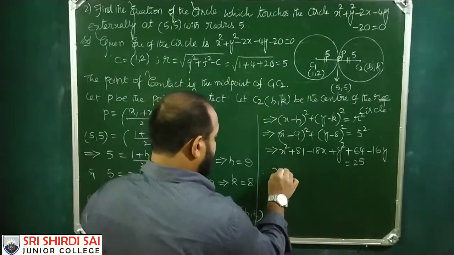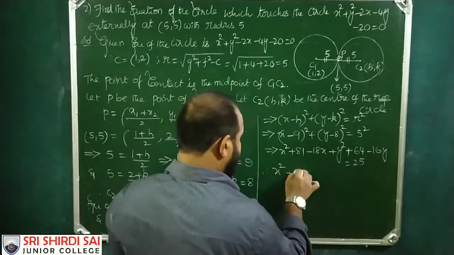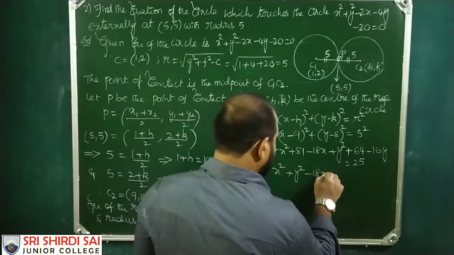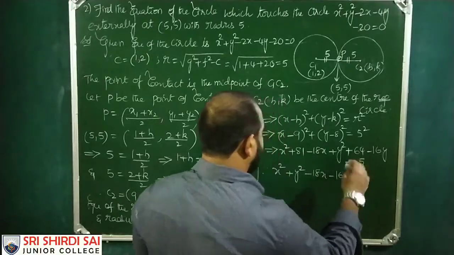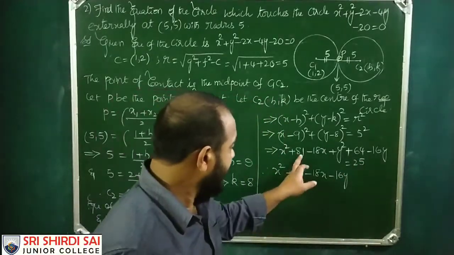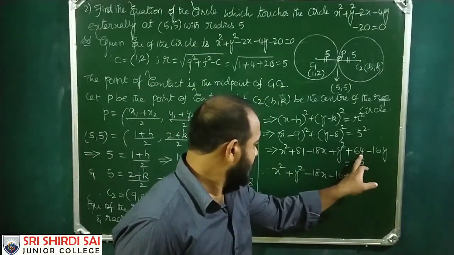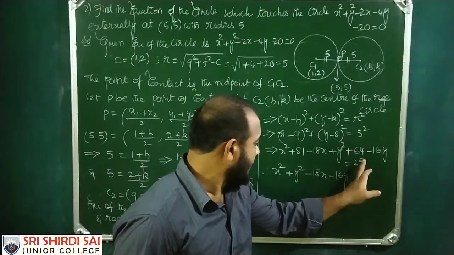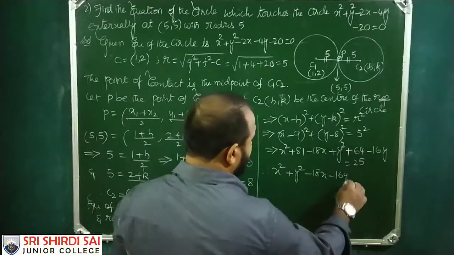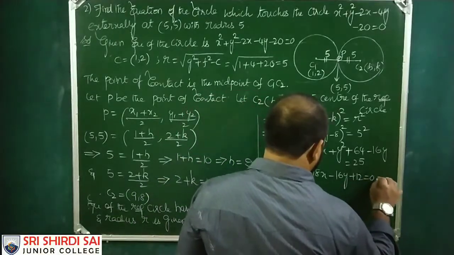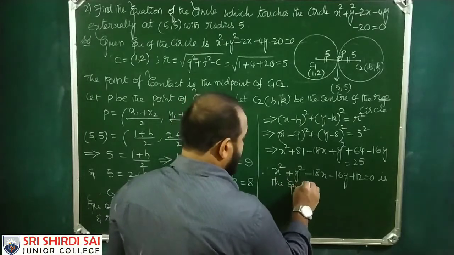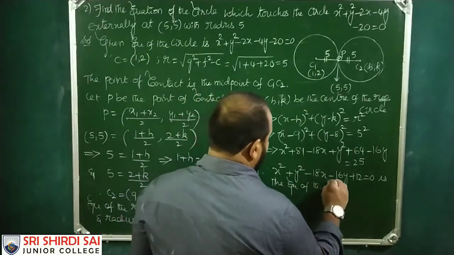Therefore, x square plus y square minus 18x minus 16y plus 81 plus 64 minus 25, which is 120, equals 0 is the equation of the required circle.